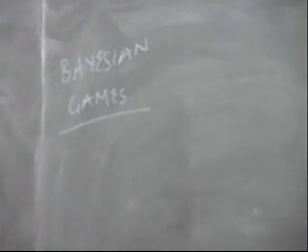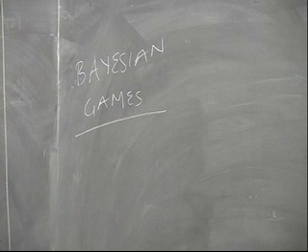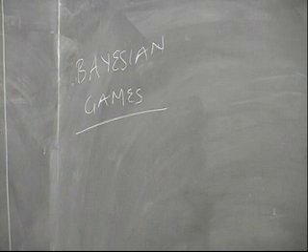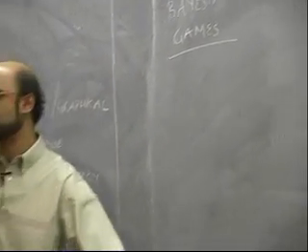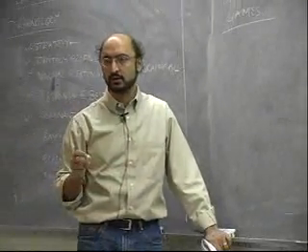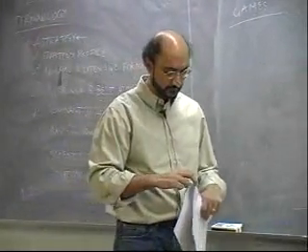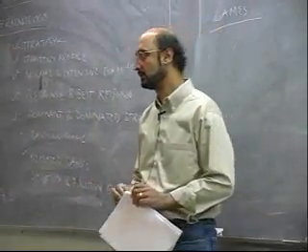The Bayesian games come from the problem with applying game theory is that we don't know what the other player is going to look like, and what strategies they're going to play.